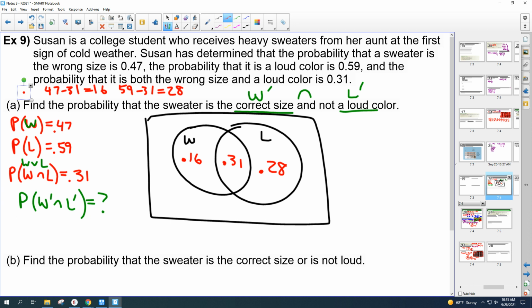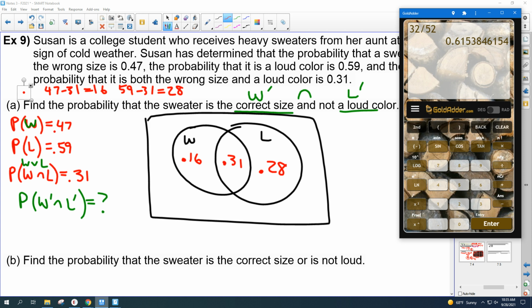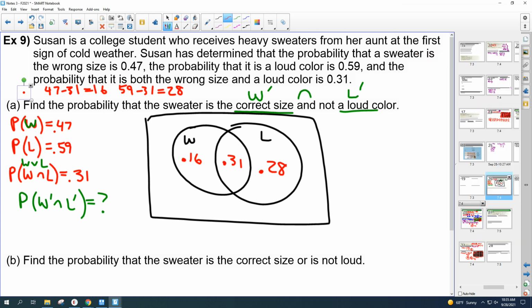They don't have to tell me that. That's always going to be the case. And so I suppose if I did 1 minus 0.16 minus 0.31 minus 0.28, that's 0.25. I know that it must be 0.25 outside of the circles. If you can label all of your parts, then you should be able to answer anything that's possible.